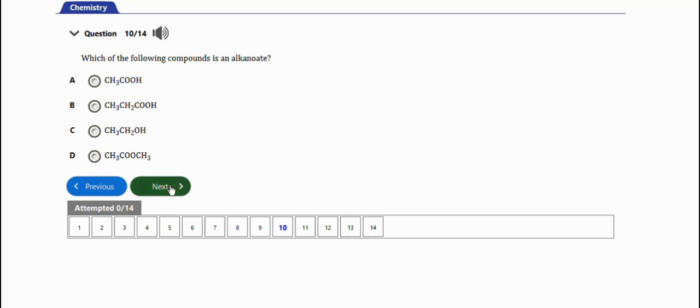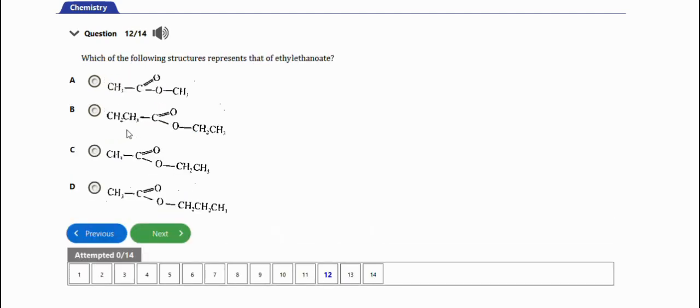Next repeated question will be this one. It says alkanoates are produced from alkanols by esterification. Option B. So this is an obvious question, take note of this particular question. Next repeated question says, which of the following structures represents that of ethyl ethanoate?